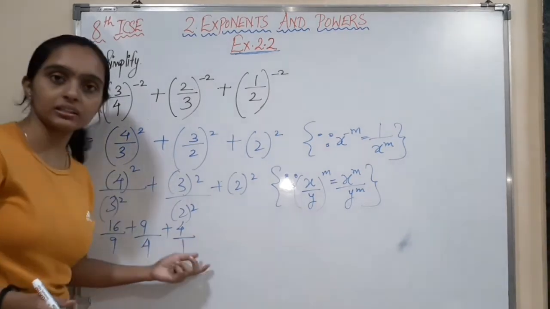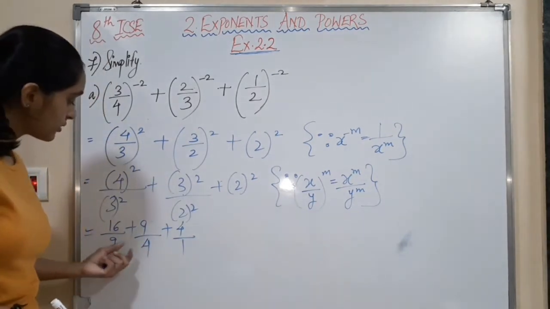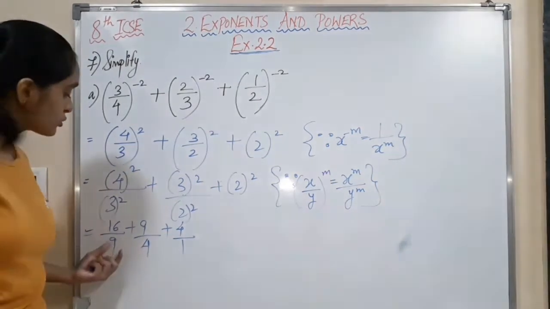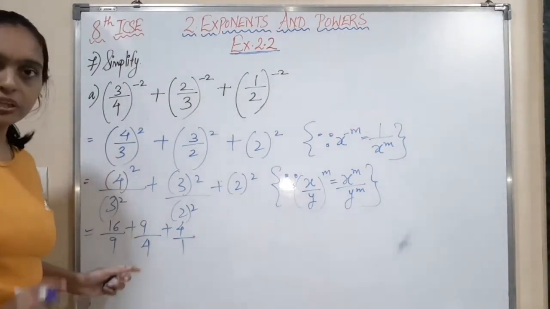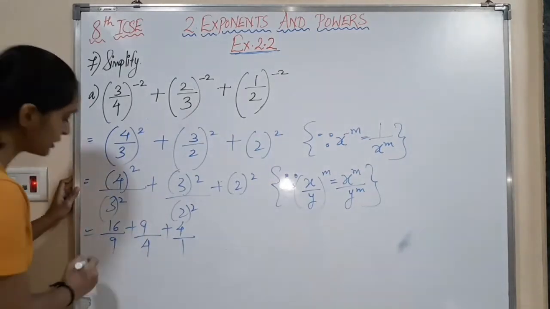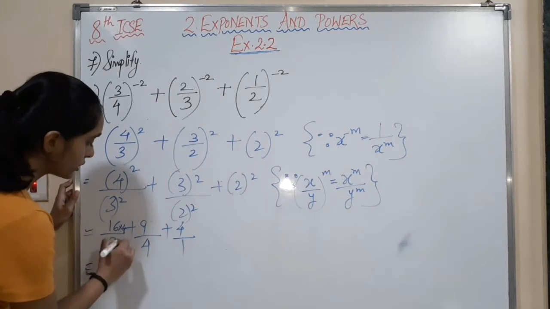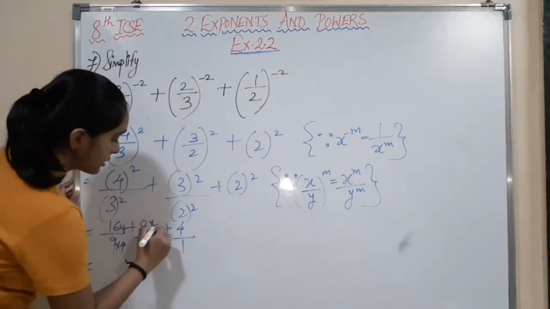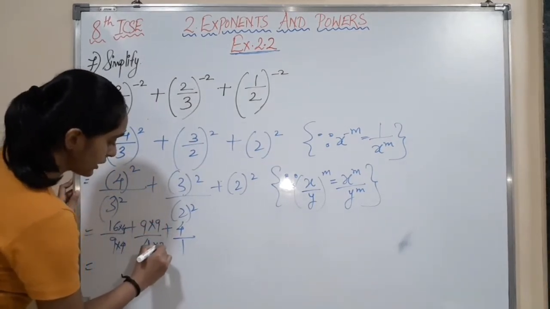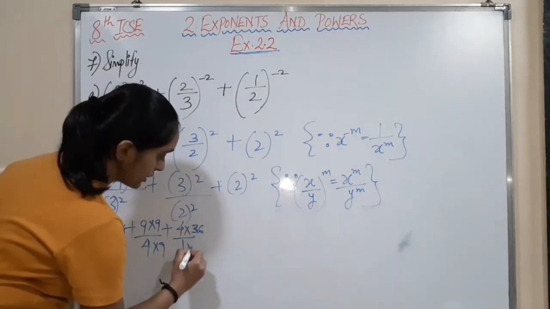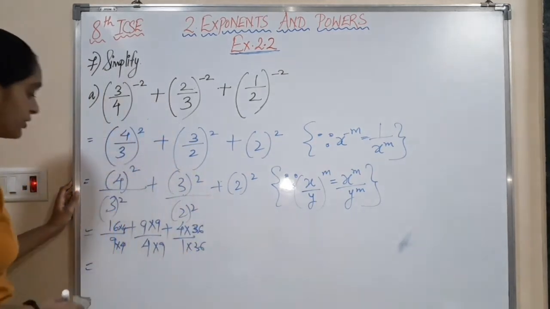So now we will take the LCM here. So LCM will be 9 times 4 is 36, as they both are relatively prime. So their LCM will be their product. So 36 we will take here. So we will multiply here by 4 in the numerator and denominator, here by 9 in the numerator and denominator, and here by 36 in the numerator and denominator.